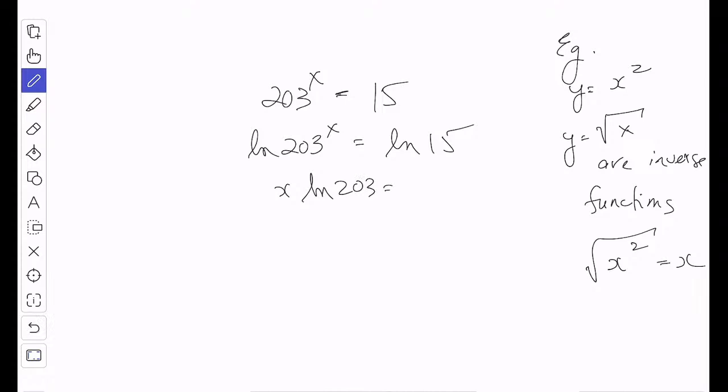And then, so now all I'm doing is isolating x. Now it's just related to this amount by multiplication. So I do the inverse function, which is division. And so I divide both sides by log 203.